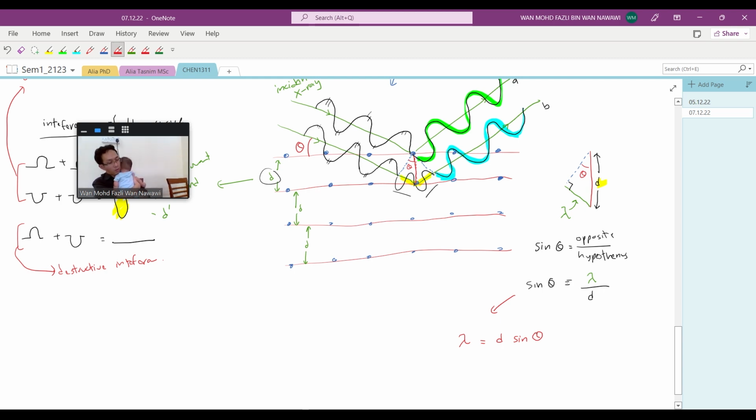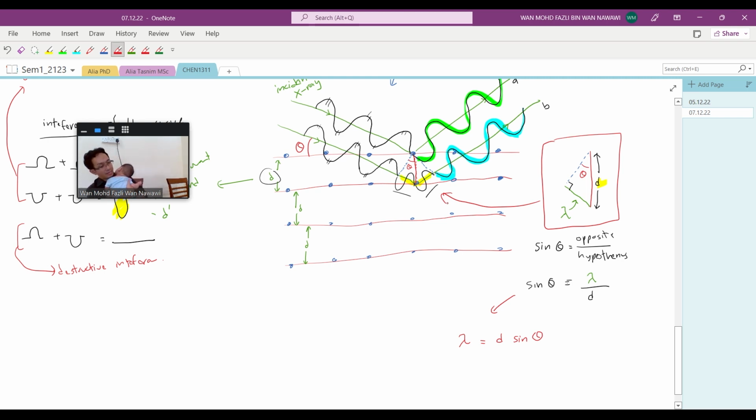But because now we only consider one right triangle, but if you look here, you can see there are two right triangles, one on the left and one on the right.